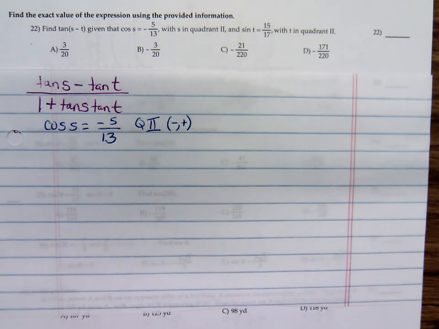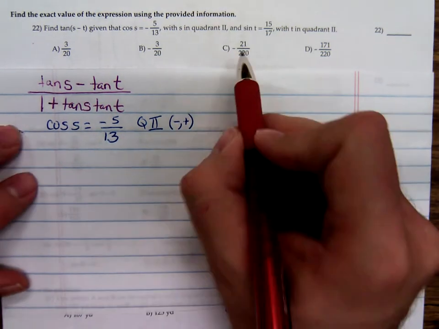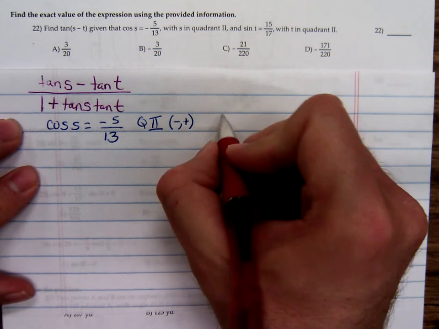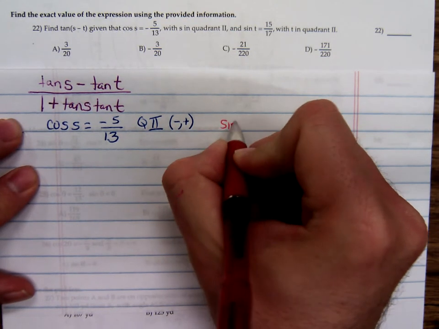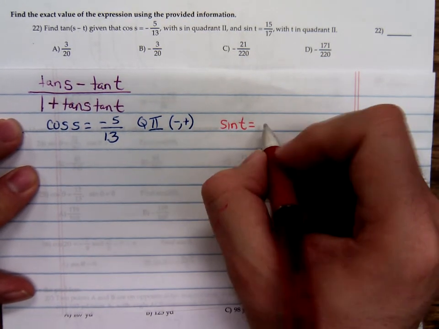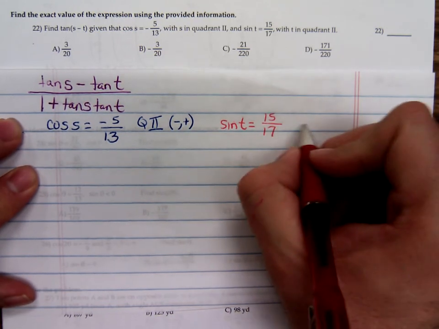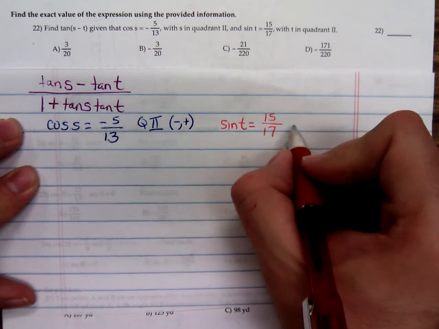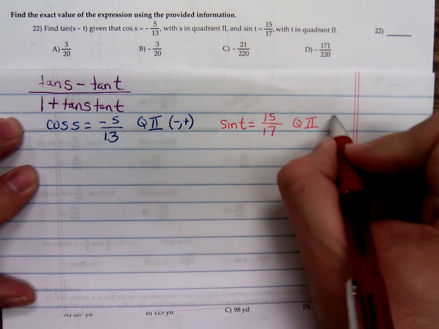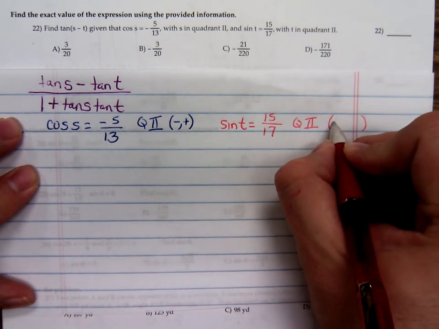Now what about the t stuff that we're given? We're told sine t, pardon me, 15 over 17, and t is in quadrant 2 also. Okay. So once again, quadrant 2, x's are negative, y's are positive.